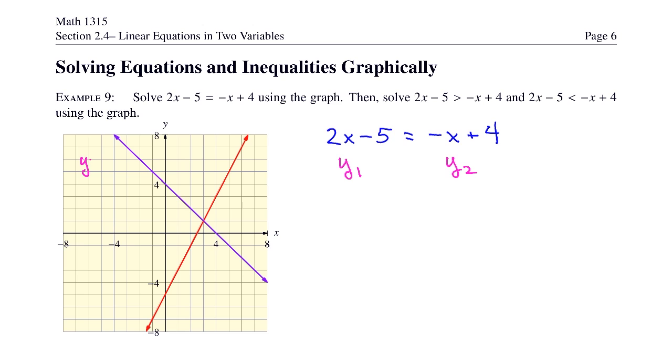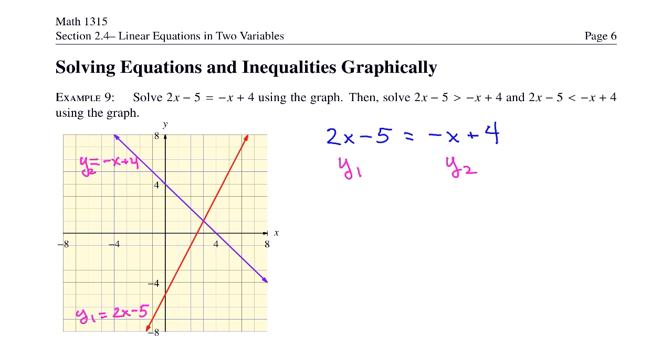This top one is y2 is equal to negative x plus 4. The bottom one is y1 is equal to 2x minus 5. I can tell which is which because of the slopes. The red line has a positive slope, so that must be 2x minus 5. The decreasing, purple line must be y equals negative x plus 4.